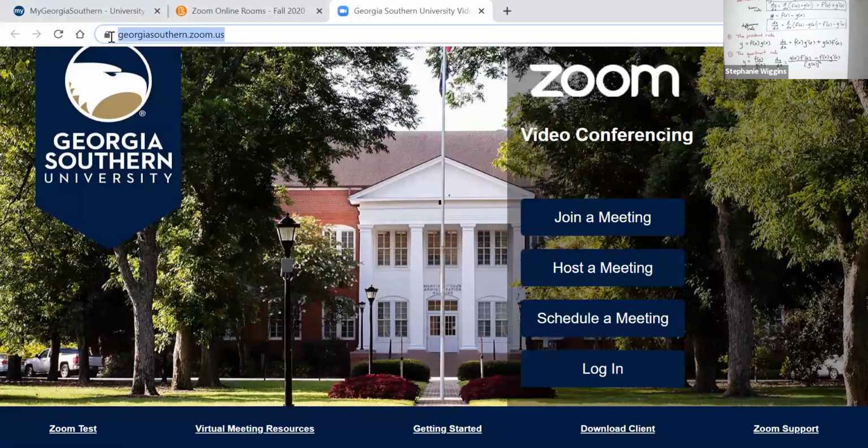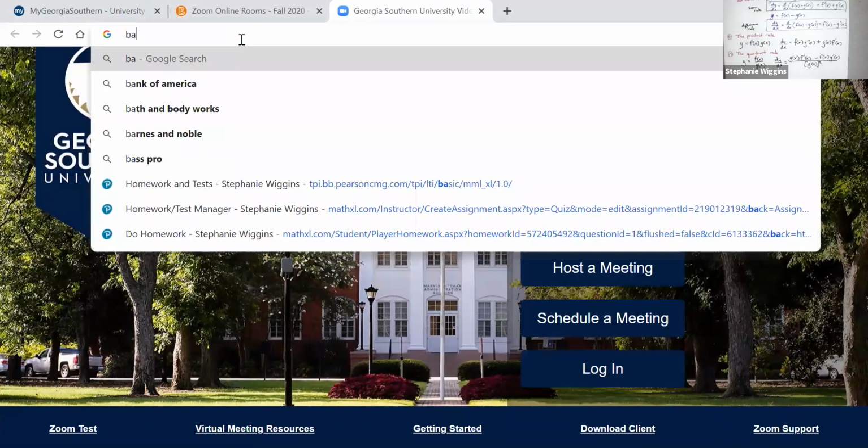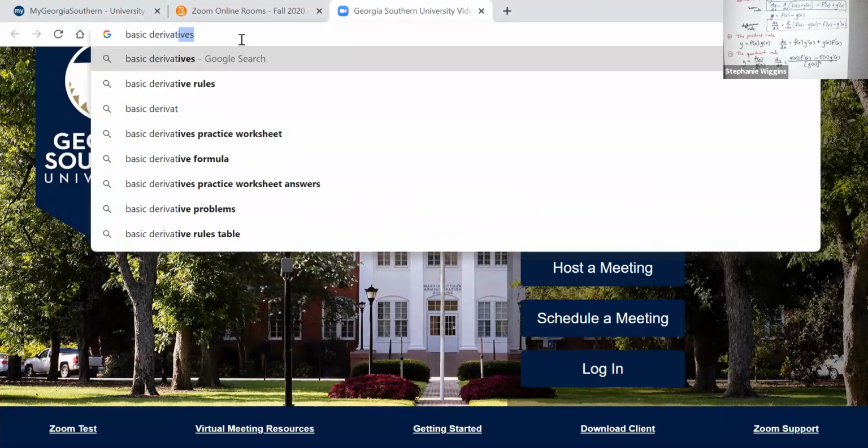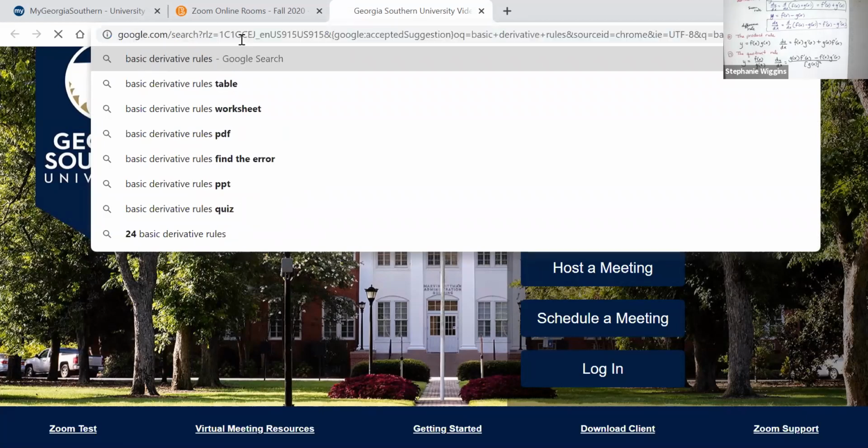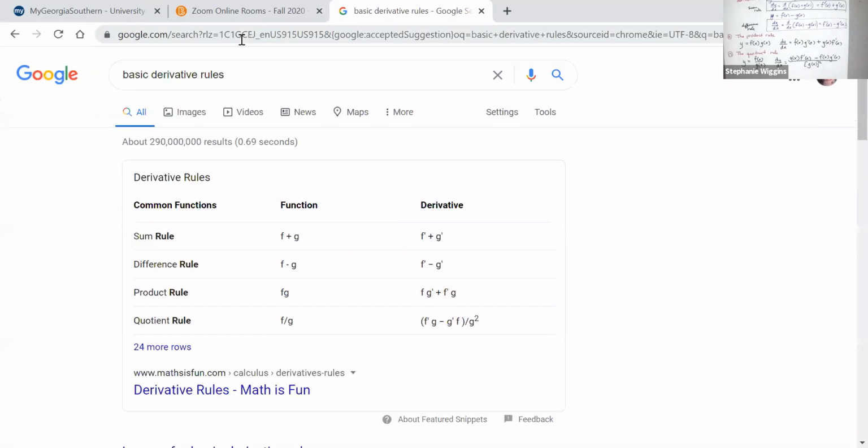You go to Google and type in basic derivative rules. There are many derivative rules, but for our purposes, we just want the basic ones. Right off the bat, you have the derivative of the sum is the sum of the derivatives, and then you've got the difference rule.